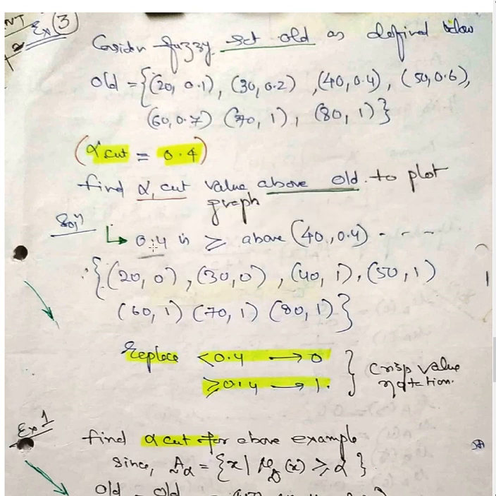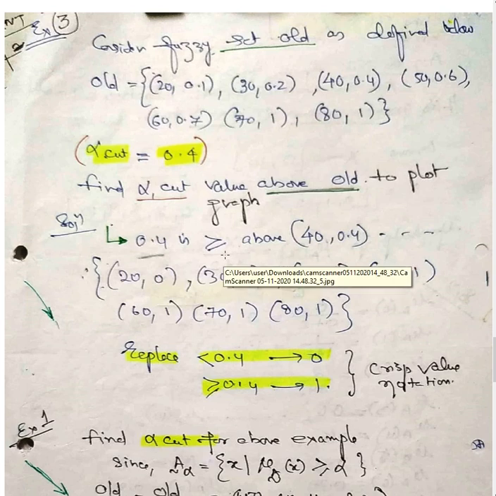Now here, any value greater than alpha, so this is a normal cut. It is not a strong cut. Under that condition, any value greater than or equal to 0.4, if you look across, is 40 comma 0.4. So that is what we define in this particular situation.